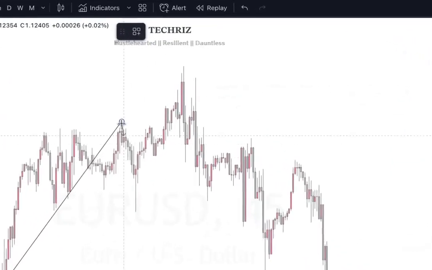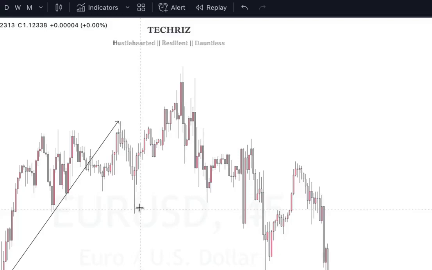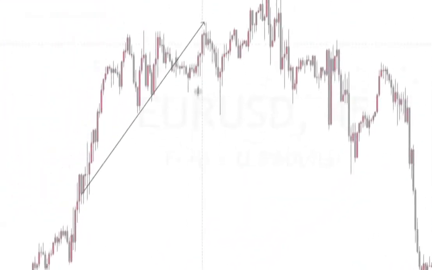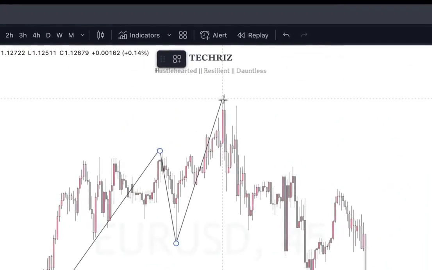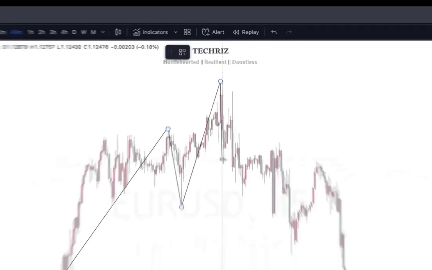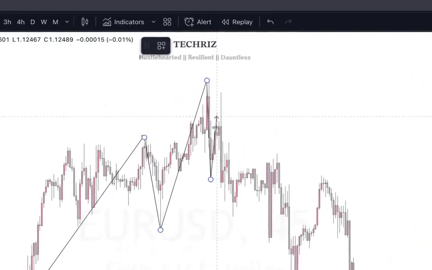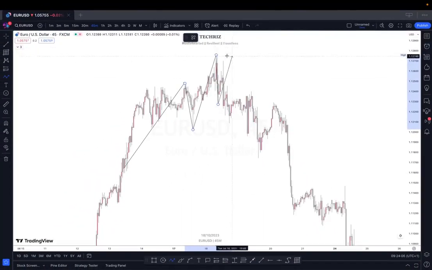So this is my high, this is my low, right? Oh, network has started misbehaving. This is my low, right? This is my next high. Now this low, sorry, here sponsored the creation of this particular high, but this particular high is meant to clear liquidity off this particular high, but it failed to do that.